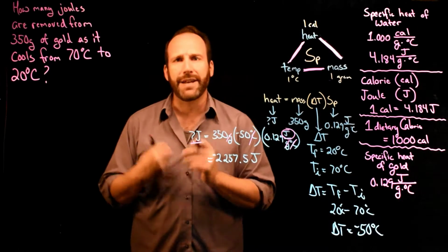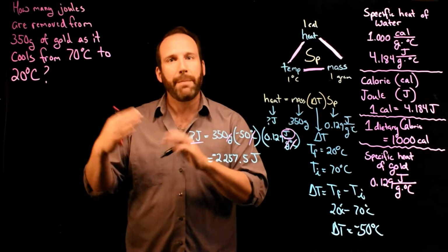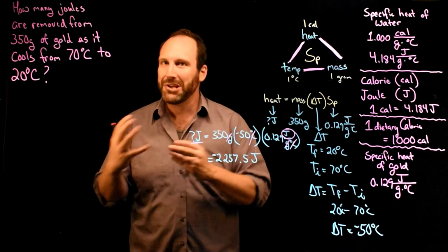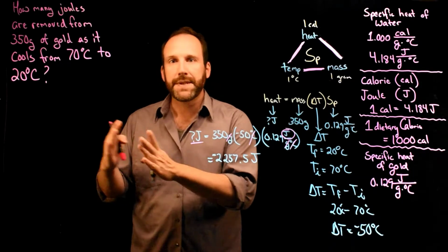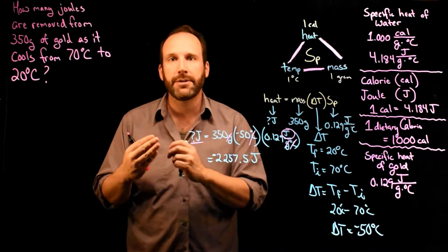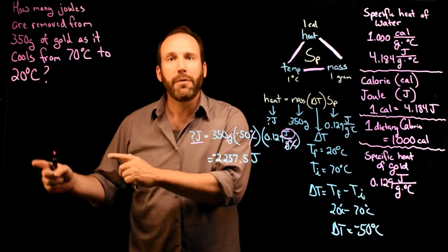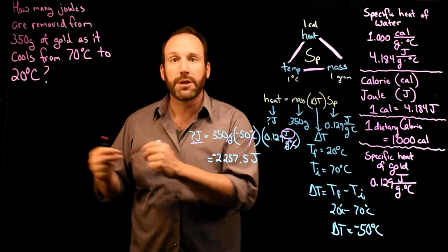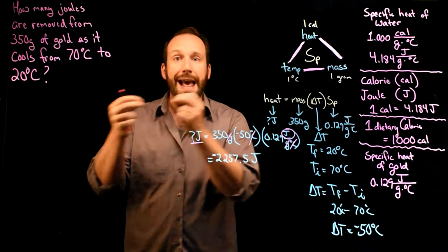Well, how can you have a negative heat? How can you have negative energy? The positive and the negative, it gets a little sloppy, but the idea is that the negative sign or the positive sign is there to define the direction of that heat flow. Remember from our last problem, heat was positive, but in our last problem, heat was entering the water.